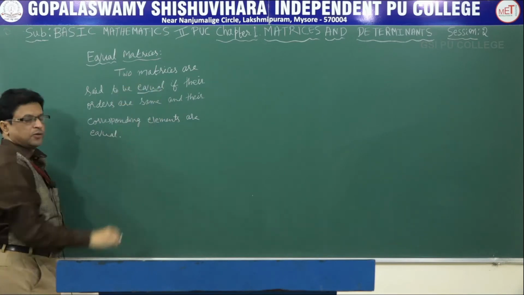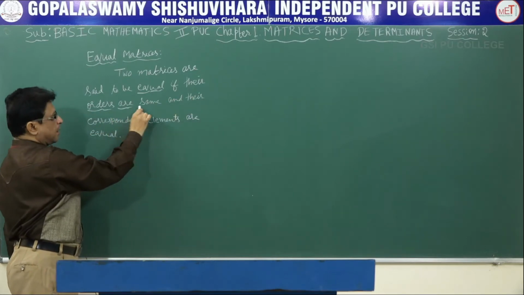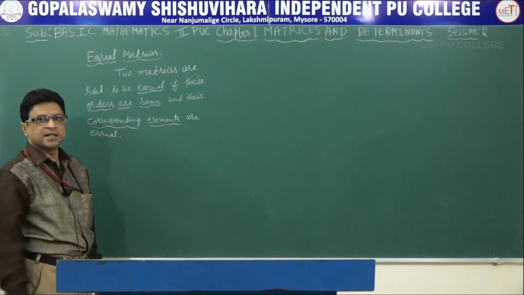That means two matrices are said to be equal if their orders are same and their corresponding elements are equal.